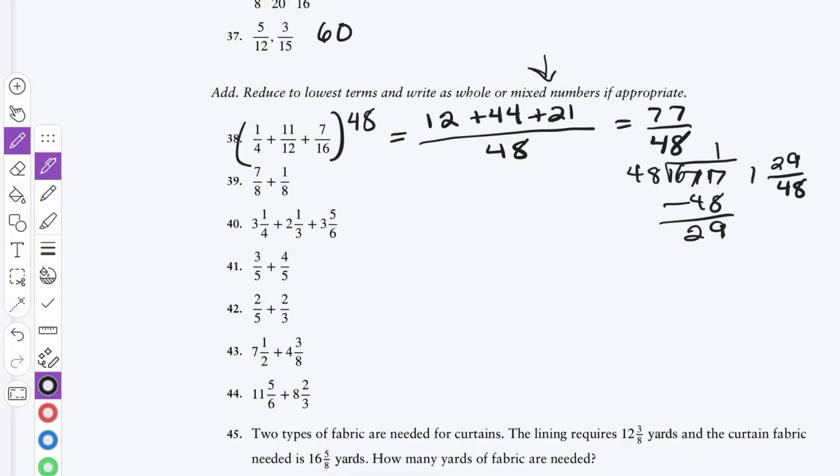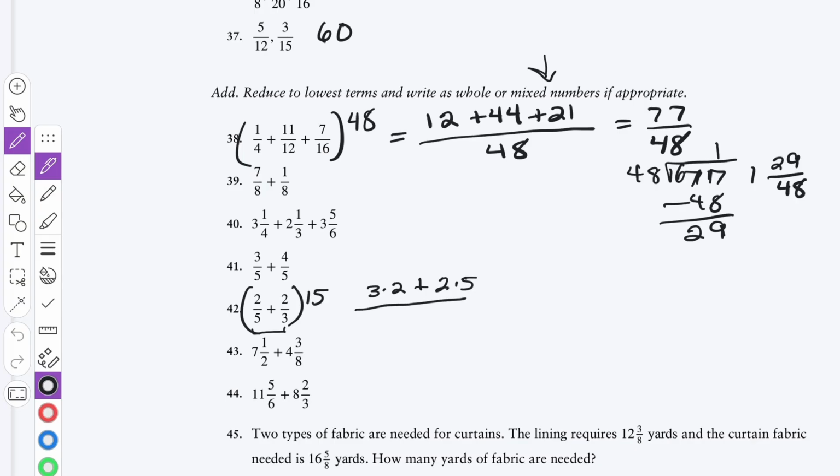Okay. Let's do 42. So the common denominator is 15. So if I use the same thing I did just now, I'm going to multiply everything by 15. All right. So 15 divided by 5 is 3. So 3 times 2 plus 2 times 5.